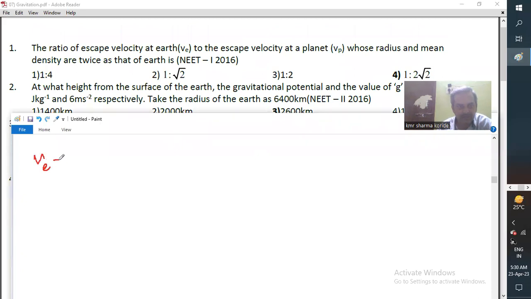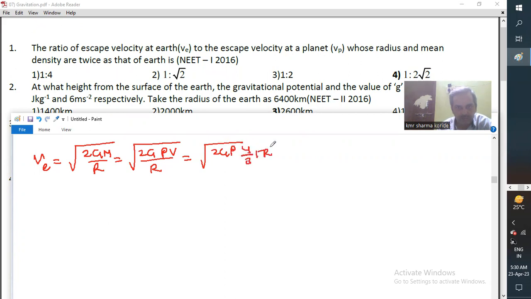Get back the formula of escape velocity, that is root of 2GM by R. Therefore this is going to be root of 2G, density, mass you convert as density into volume of the sphere, that is 2G rho into 4 by 3 pi R cube, divided by R. So one R gets cancelled, and you'll get escape velocity proportional to R without root, and in the root you have rho. Other quantities are constant.